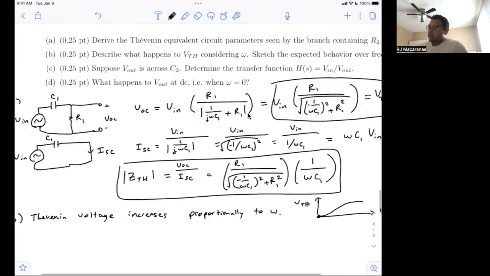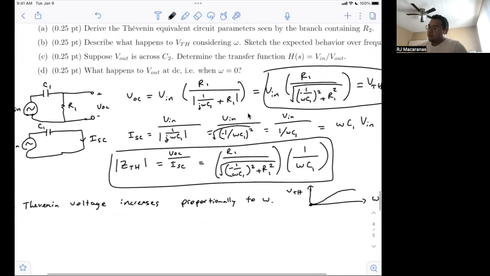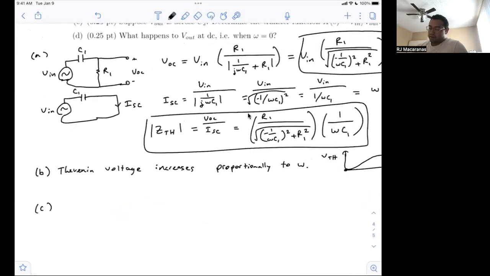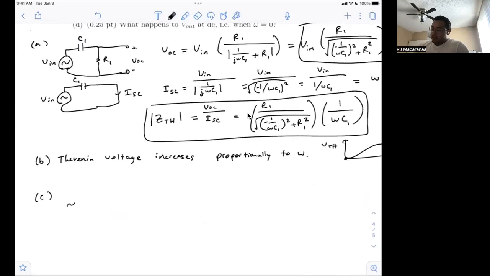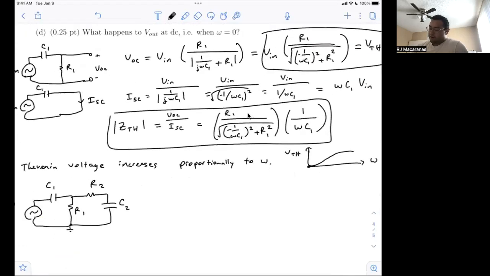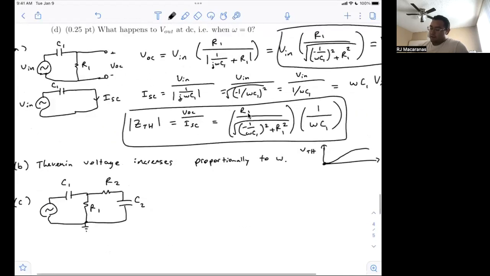The next part is, we're going to suppose that V out is across C2, and we're going to determine some transfer function. So let's draw out our circuit here. We got C1, R1, R2, C2. And this was already defined as ground, and we're calling this our output voltage, and this is our input voltage.